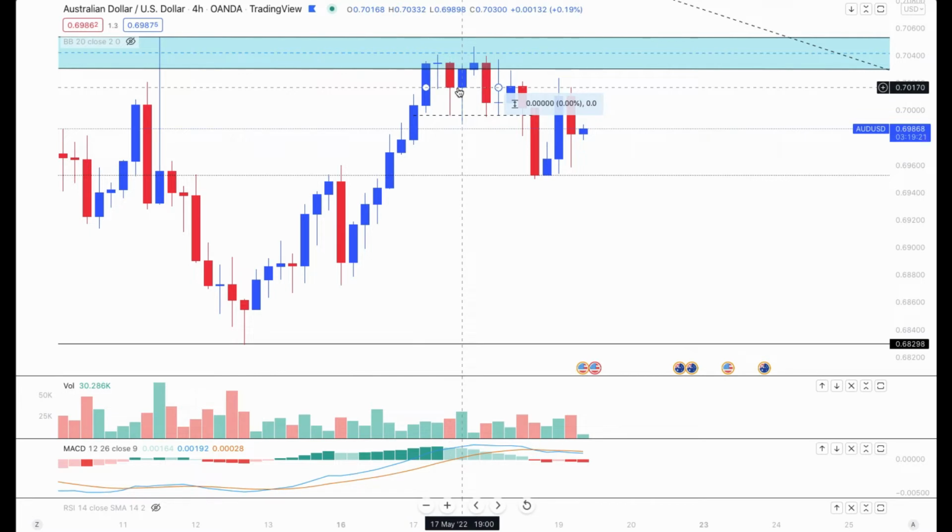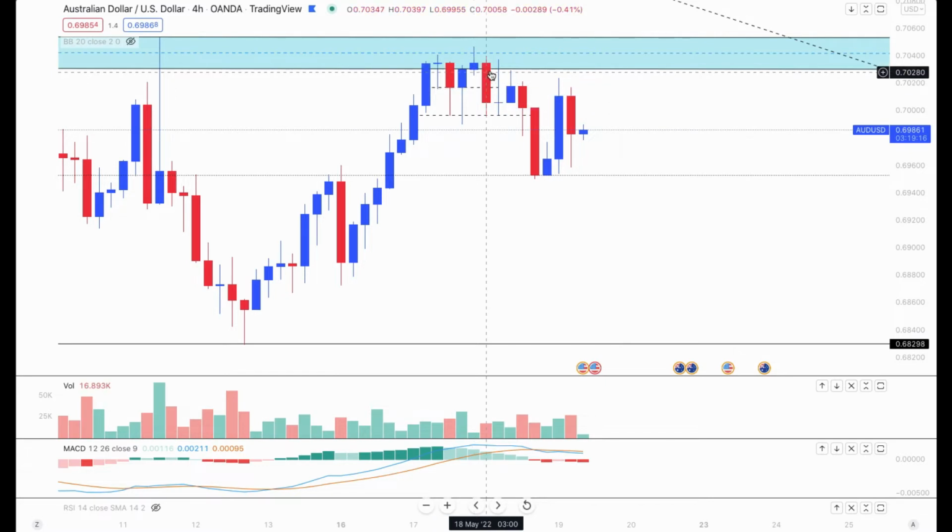This is why I am referring to it as support, in inverted commas. This candle closed below this support. Yes, it closed into these wicks, but it still closed further than these two candles did.